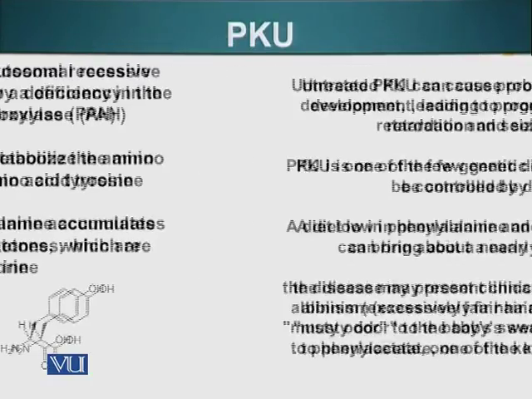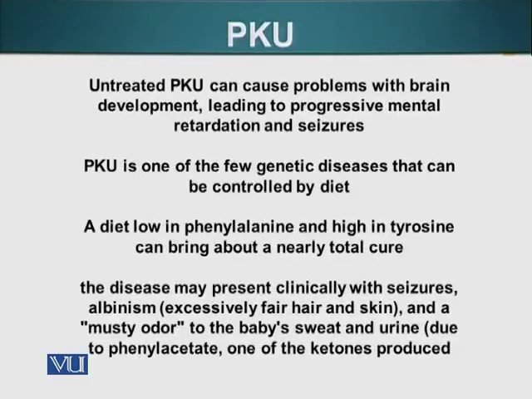retardation. So the simple solution for this genetic problem is, if from very early on, as soon as they're born, we restrict these children's diet, we don't give them phenylalanine in excess quantity, we limit the phenylalanine intake and give them tyrosine in their diet, this will prevent the phenylketones from forming.